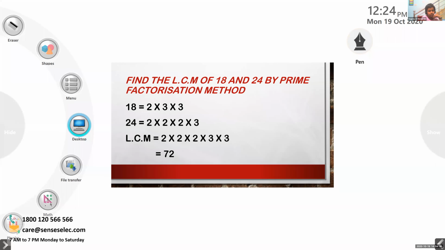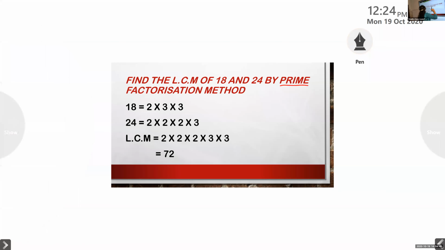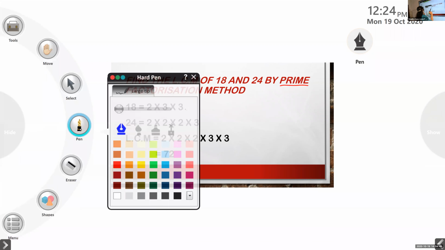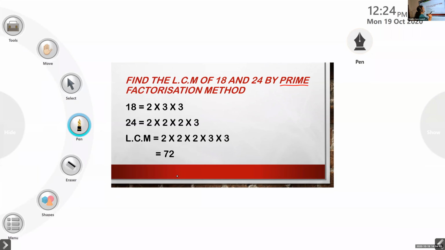Okay. So children, find the LCM of 18 and 24 by prime factorization method. So children, we have studied how to find the prime factorization. First, we have done that factor tree.